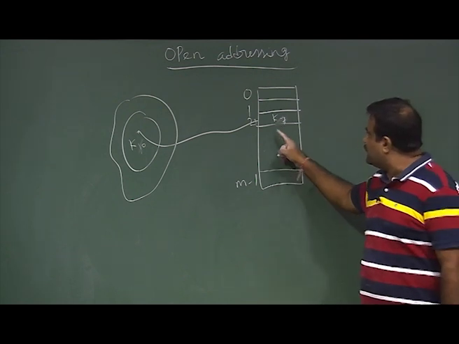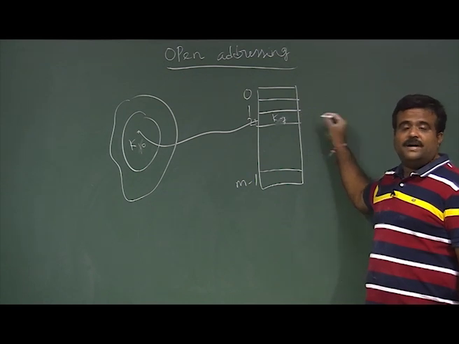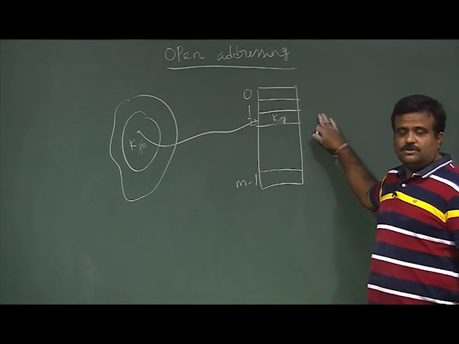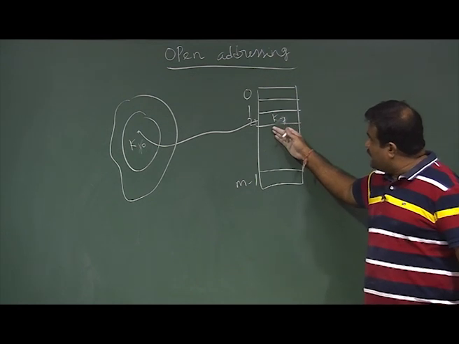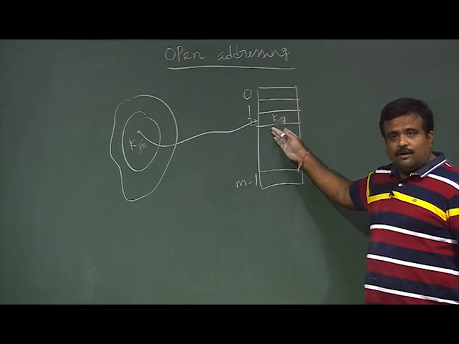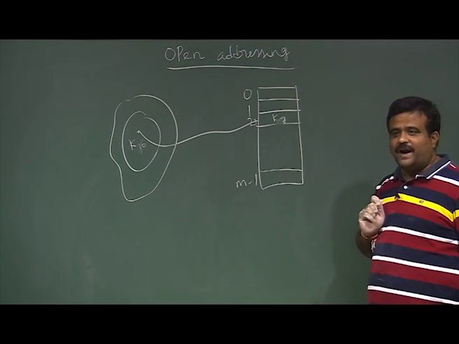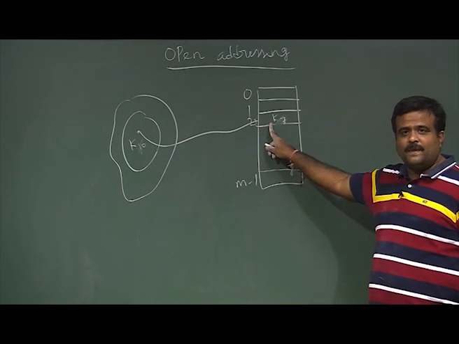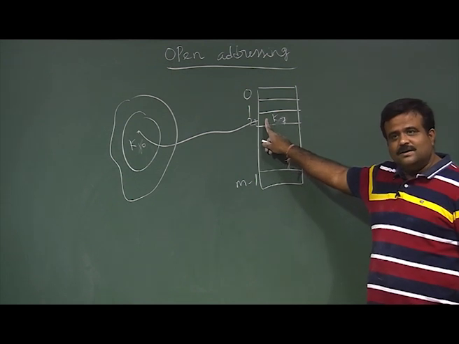We have to search for the next slot, because in the earlier method we had a chain, but here chaining is not allowed, no outside storage is available. So, a linked list is not allowed outside the table. So, we have to find a slot which is free. To find that slot, we cannot apply the same hash function. If we apply the same hash function, then it will again hit here.